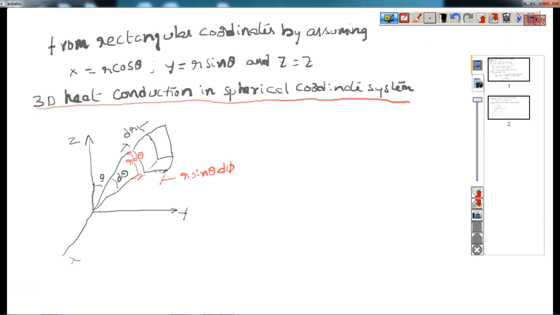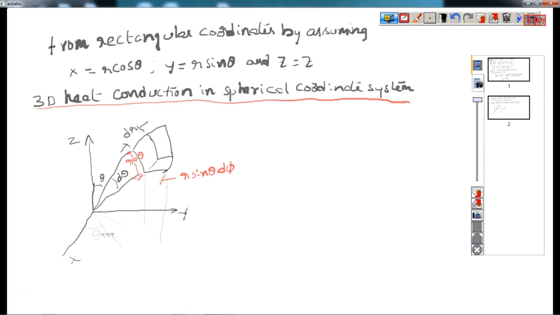Now these are the lines you are projecting, you are projecting them down. Okay, and here this is the angle with respect to the other one.